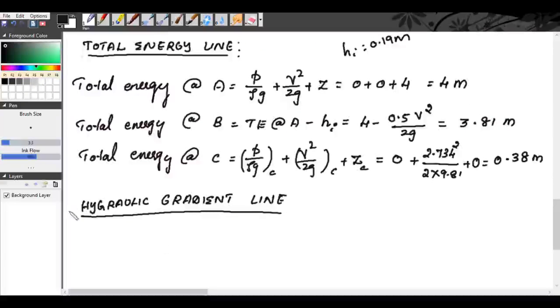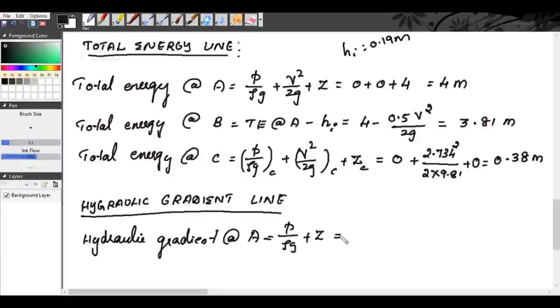Okay. So hydraulic gradient at A will be equal to P by rho G plus Z, which is equal to 0 plus 4 is equal to 4 meter.